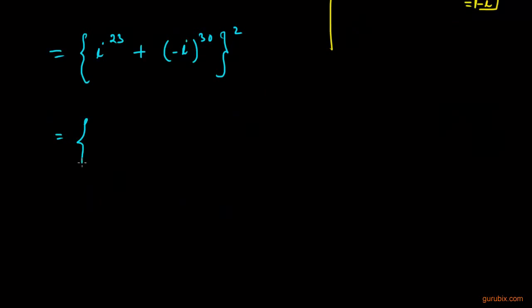And now we can write this iota raised to 23rd power like this: iota raised to 4 into 5 plus 3, and we can write it as -1 raised to 30th power and iota times iota raised to 4 into 7 plus 2, and this whole value raised to the second power.